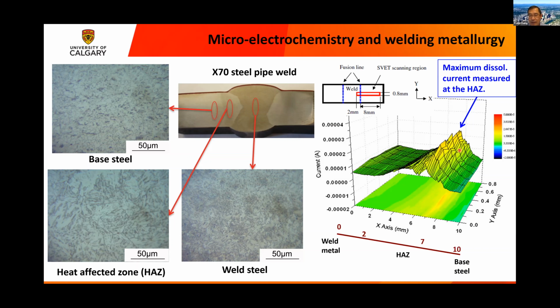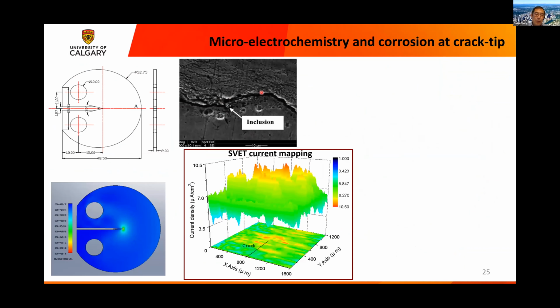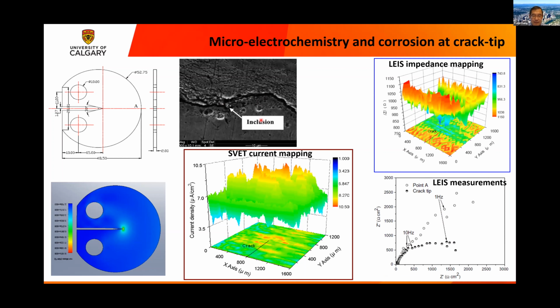This area actually is micron scaled. And a small crack is a very typical failure mechanism and can cause accidents for large engineering structures. But in the initial stage, this crack usually is micron scaled. So we can use nano-electrochemical techniques to measure the corrosion rate at a crack, especially at the crack tip.